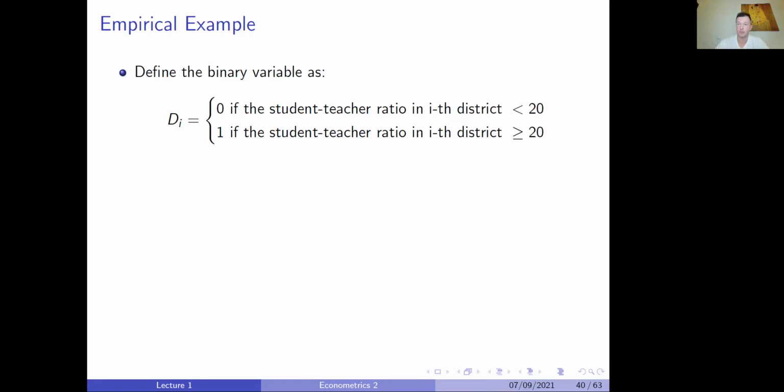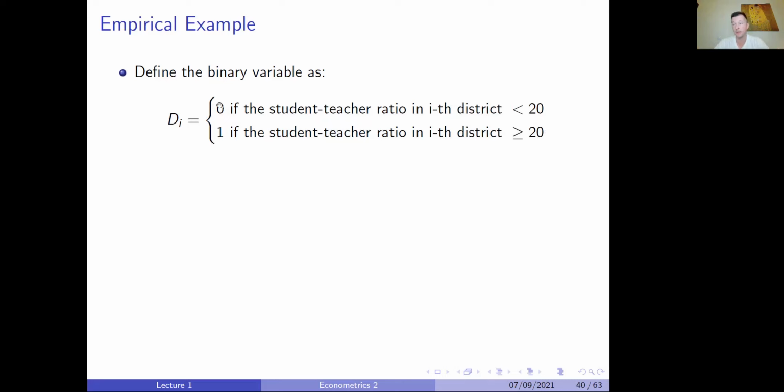In our example, let's define the binary variable in the following way. A district with small class sizes has d equals 0, when the student-teacher ratio is less than 20. We call it a district with large classes, d equals 1, when the student-teacher ratio is greater than or equal to 20.